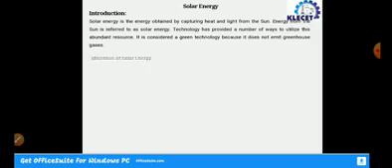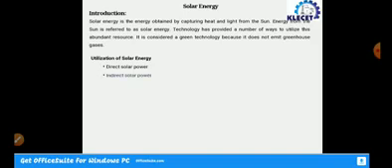There are two types of utilization of solar energy. One is direct solar power. Direct solar power is the transformation of energy where it involves only one step to a useful form. That means to get a kind of energy where only one step is involved is called direct solar power.